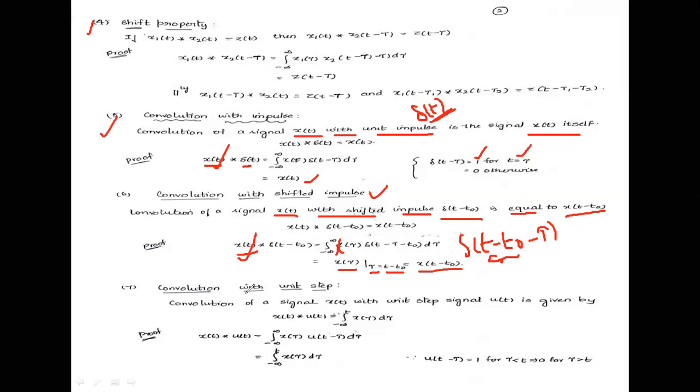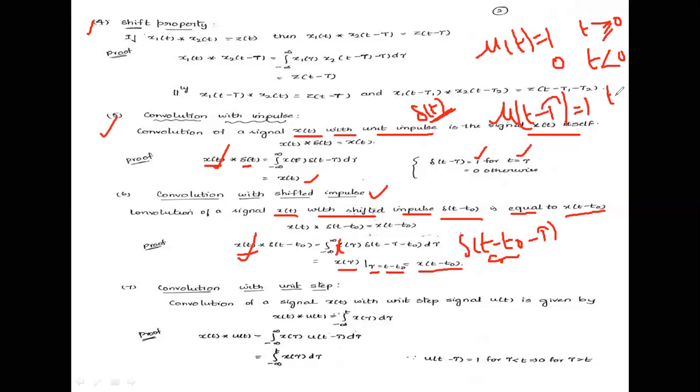Seventh property, convolution with the unit step. So x of t convolved with mu of t is the integral from minus infinity to infinity of x of tau mu of t minus tau d tau. What is mu of t? It is 1 for t greater than or equal to 0 and 0 for t less than 0. What is mu of t minus tau?